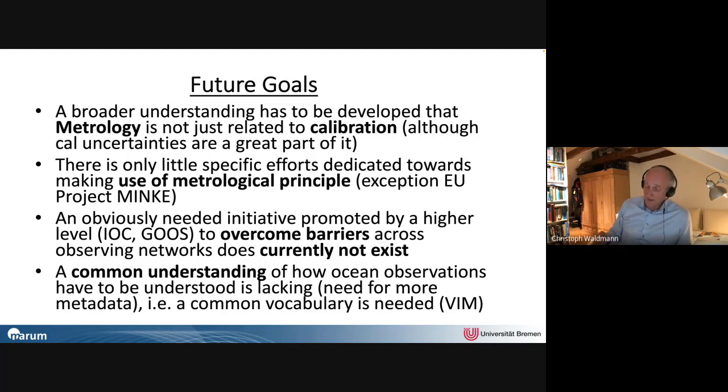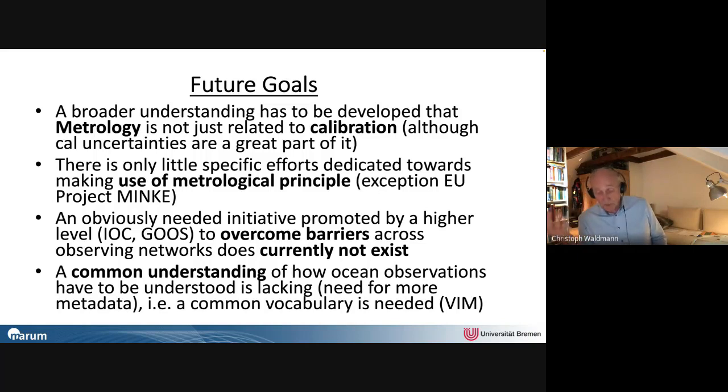But you probably know they have this Ocean Best Practices System established. The rest we leave up to you to discuss with the Ocean Best Practices System. Everything else they are not interested in, which is a bit problematic because the WMO, the World Meteorological Organization, has a different view on that. And this is something that is currently discussed.